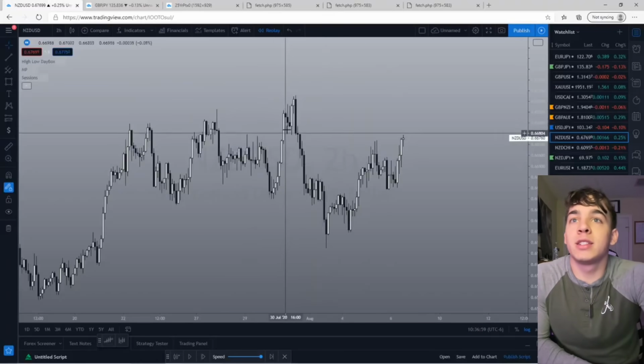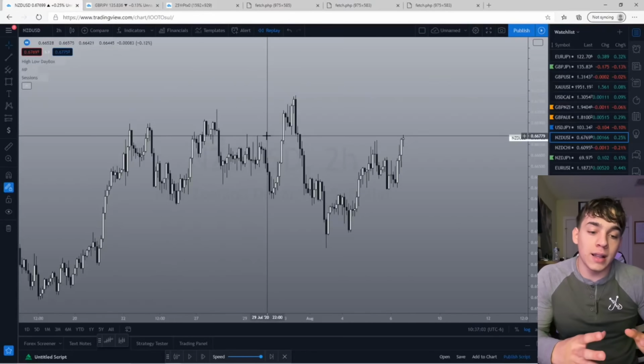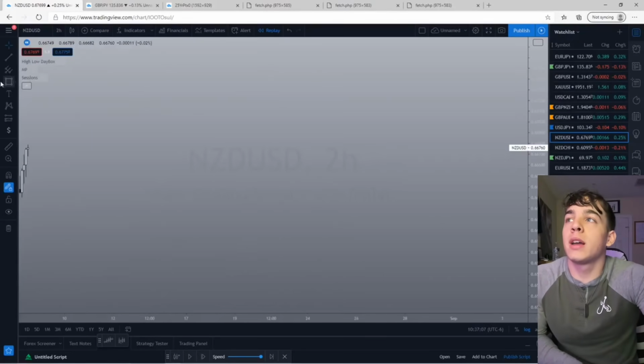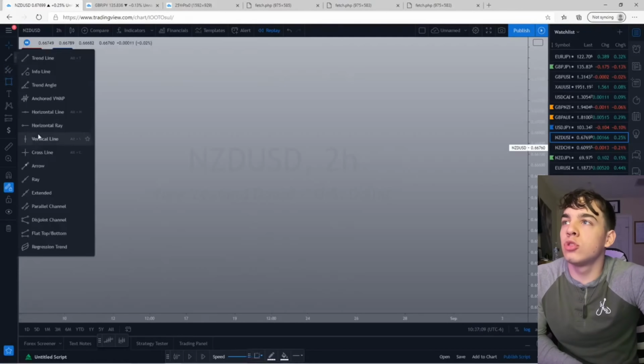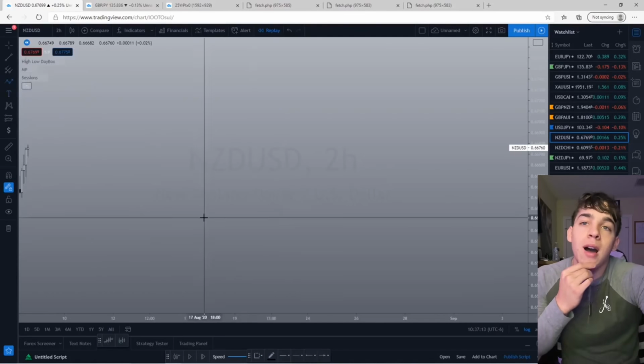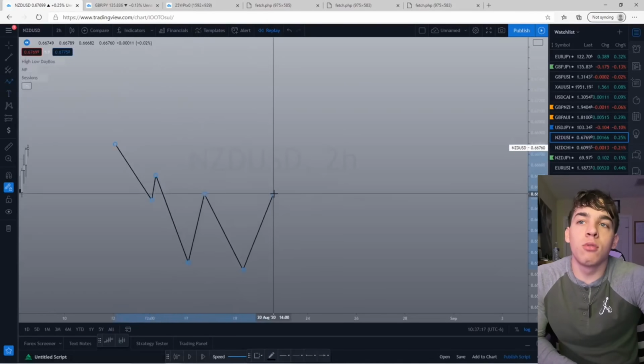What I have right here is NZD USD as well as GBP JPY. I'm going to be showing you guys an example of distribution as well as accumulation. Let's go ahead and draw out some simple structure here just so you guys can get a basis of how Wyckoff works. Let's say the market is moving in a downtrend and you have this overall structure here.